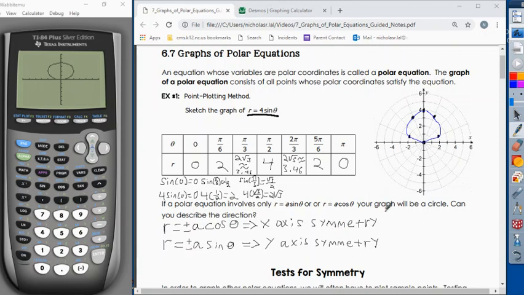Alright, so we're going to go plus a on the right, minus a on the left, plus a up, and minus a down.